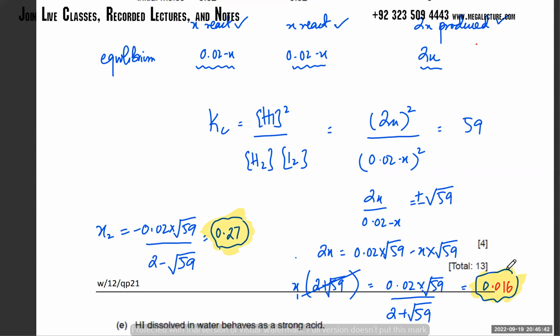It's 0.027. ये भी 0.027 है. ठीक है. Yes, sir. So I'm just going to add 0.0 as 0.027. Anyways, that will still give you negative moles, right? So I think you have to substitute 0.016. If you substitute 0.016, what do you get?